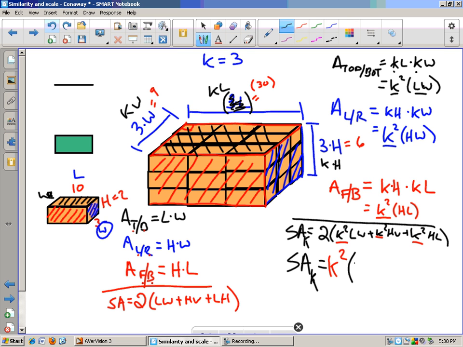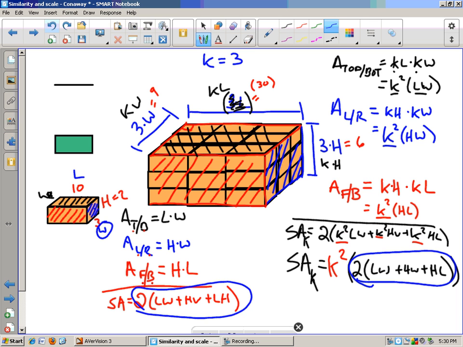And then we're going to see that there's 2 times the LW plus the HW plus the HL that we saw before. And finish that off. So if we look at it, this is really the same as this.